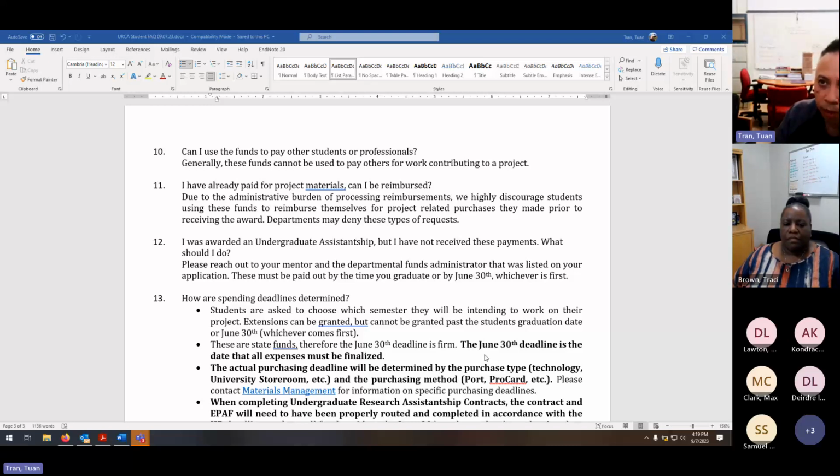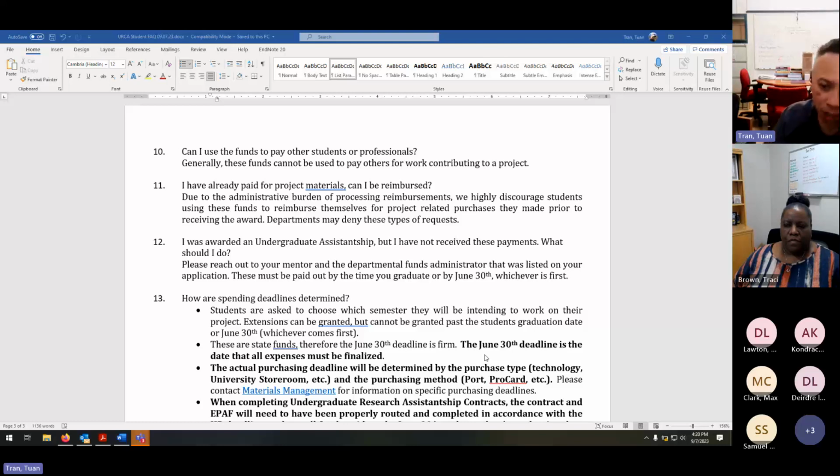So we normally ask students and mentors to make sure expenditures are carried out way before June 30th in order to get receipts processed and, of course, vendors paid or any other types of expenses paid well before the June 30th deadline. And so we often find some problems where students or mentors come back later and say, can we have an extension?